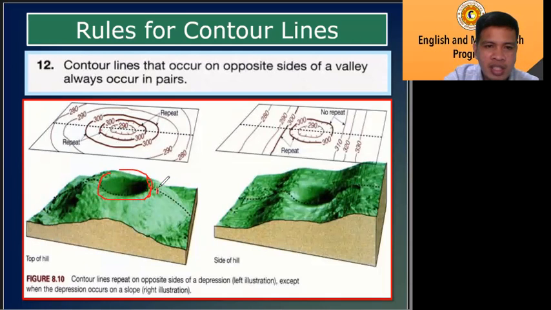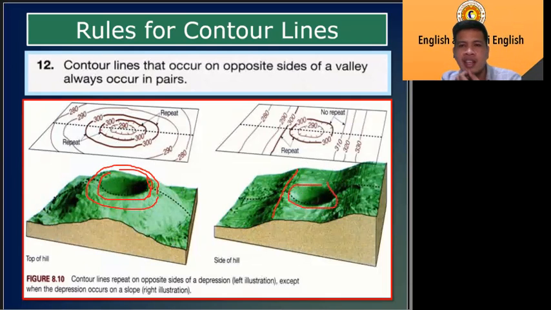So it means that they are of the same elevation, 300. This side here, for example, and then the same elevation at this one. Opposite sides always occur in pairs.